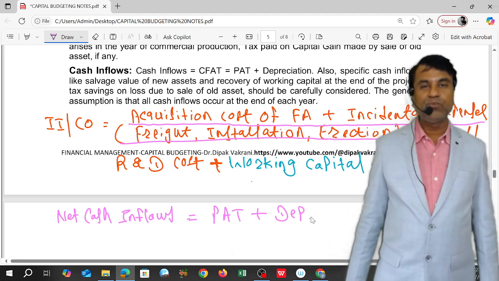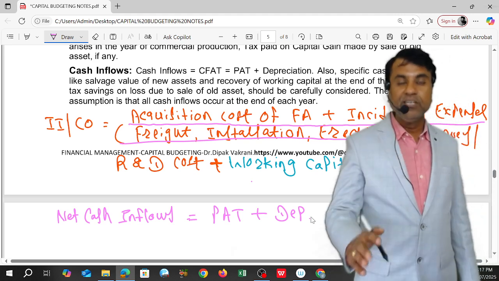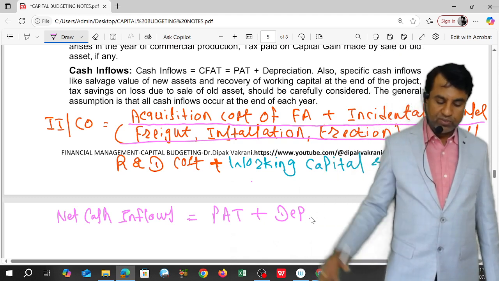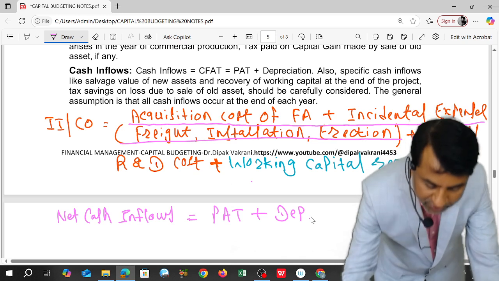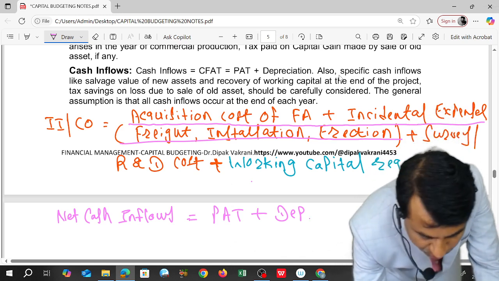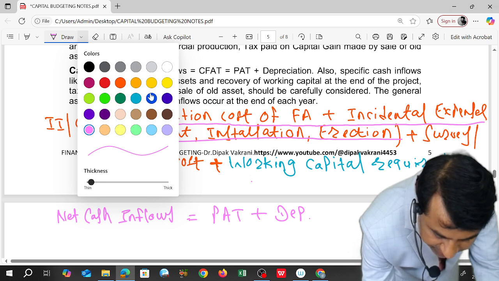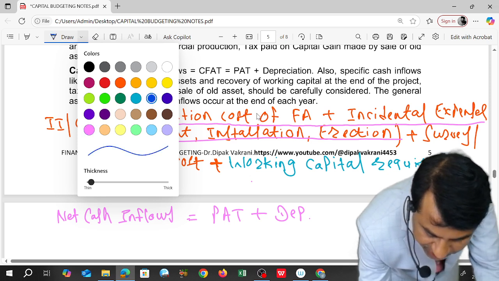But along with that, what other cash inflows need to be considered? That is given in this paragraph. Also, specific cash inflows like salvage value. So apart from the cash inflows which are mentioned in the question, these are also cash inflows to be considered.